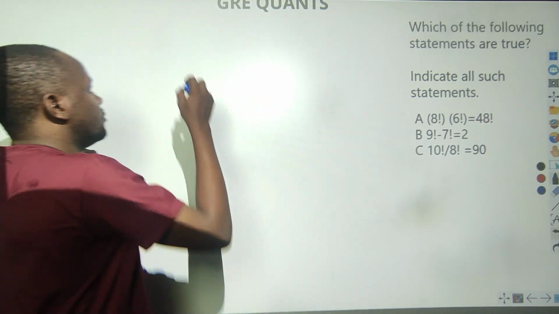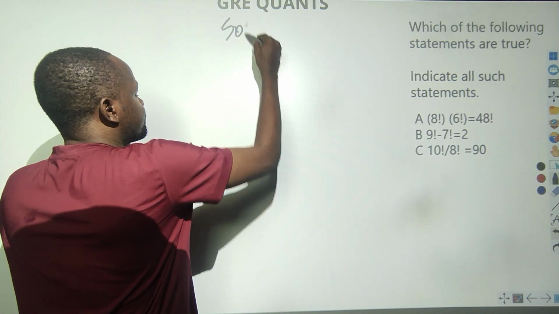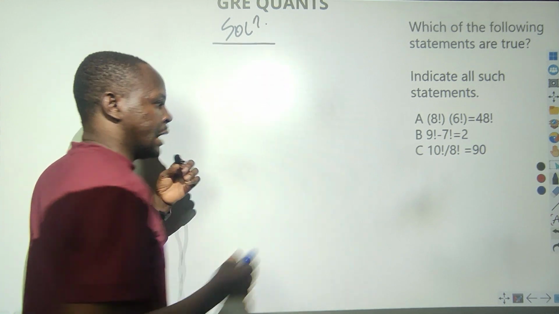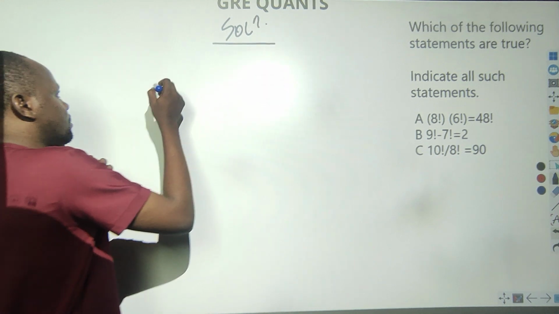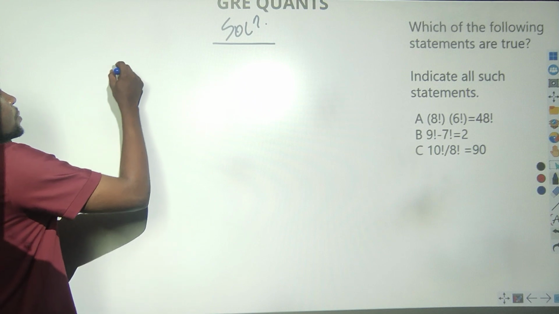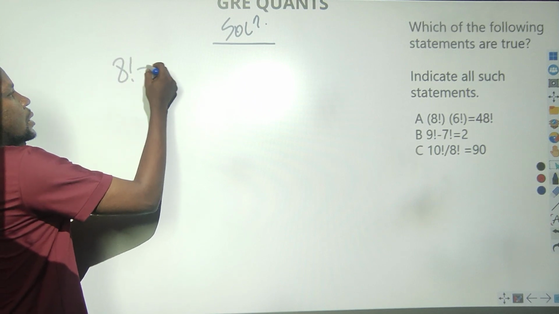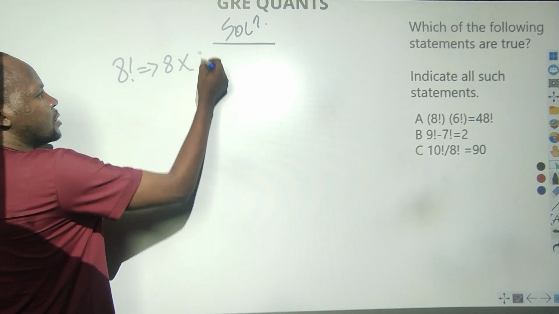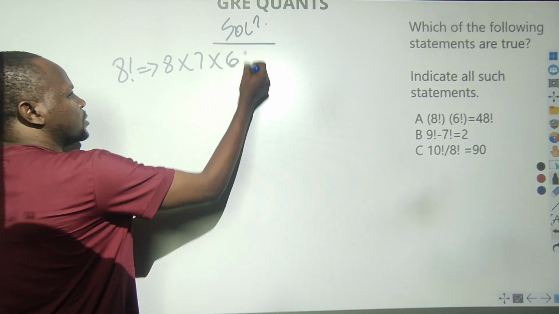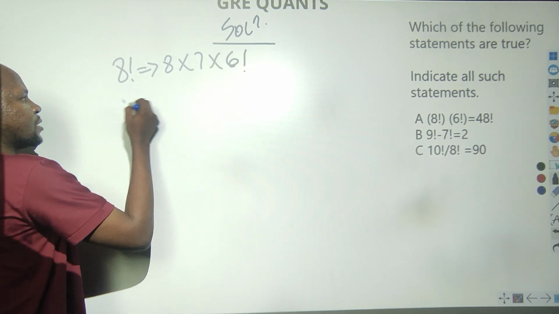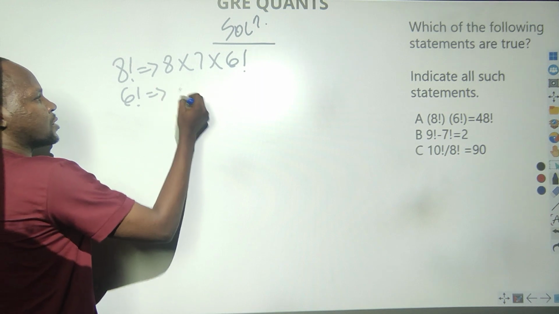For example, if you want to show that, because you are a beginner, 8 factorial is just 8 times 7 times 6 factorial, whereas 6 factorial is 6 factorial.